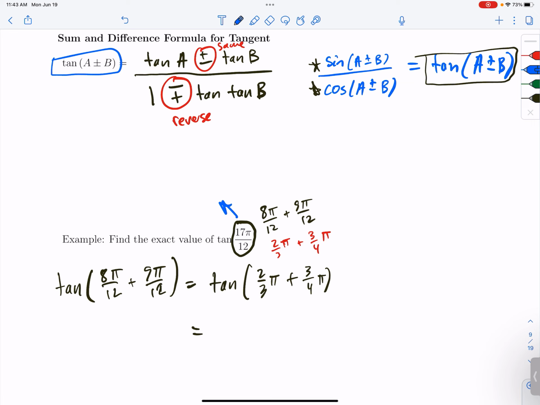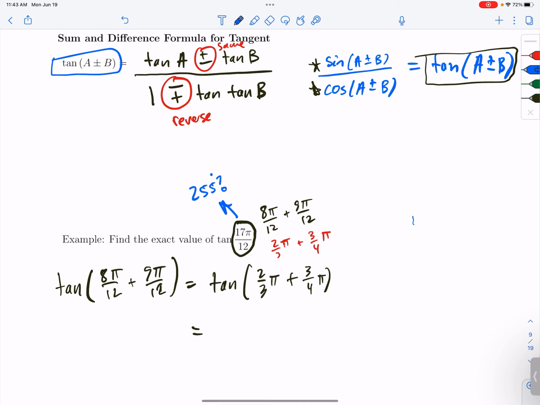And I don't know what that is off the top of my head. Maybe 255, I think. Don't be mad if that's not right, but I think that's the angle in degrees. So you could have split that up into two angles that add up to 255 as well.